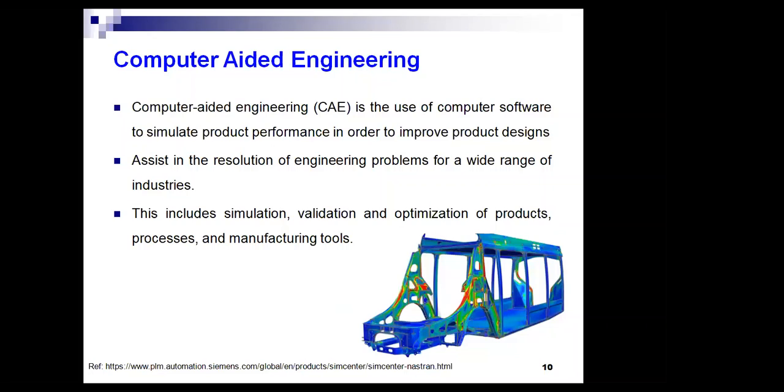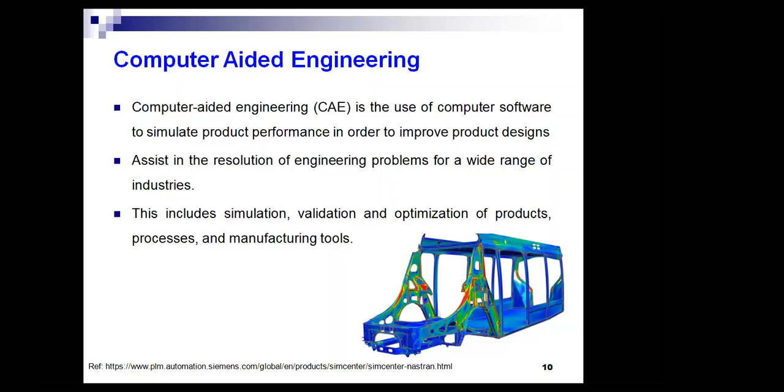So basically what we are focusing on in today's discussion is the domain called computer aided engineering, also known as CAE. It is nothing but the use of computer software and hardware to simulate the product performance to improve the design of any system.